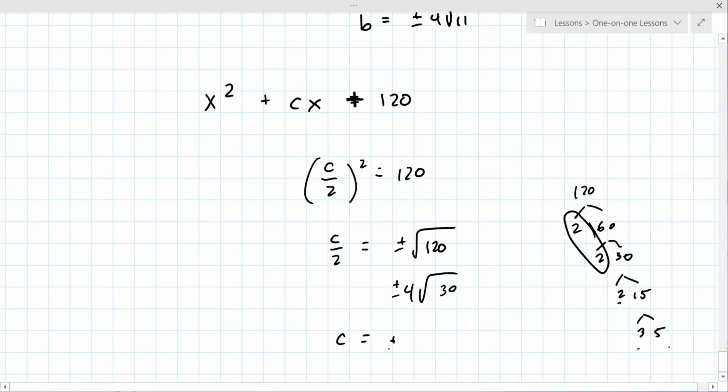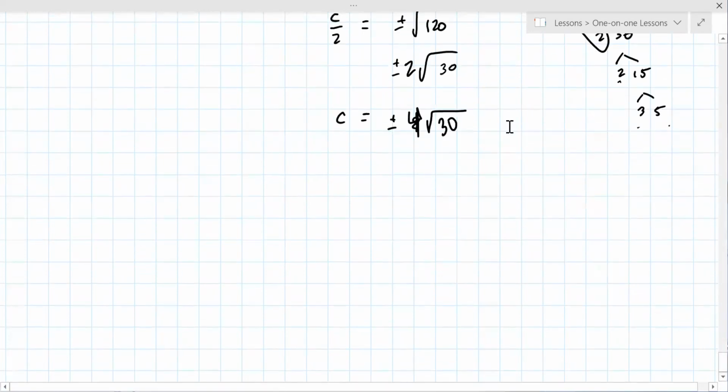Oh, so you can do plus or minus 2 root 30. Yeah, sorry, I'm jumping steps here. It's 2 root 30, and then you double it to get 4. Okay. Now we'll do a little bit more complexity here.